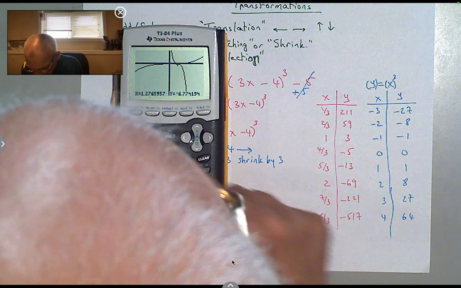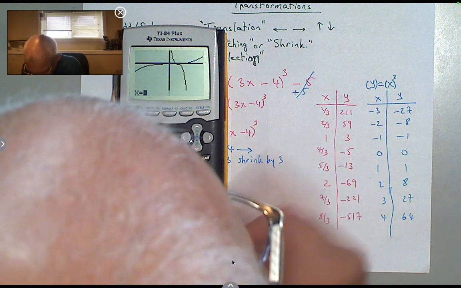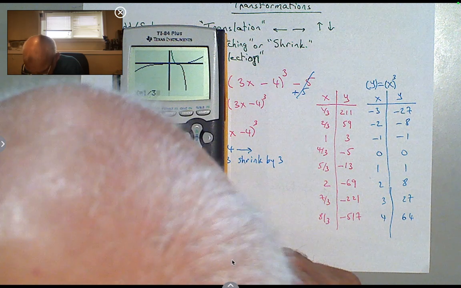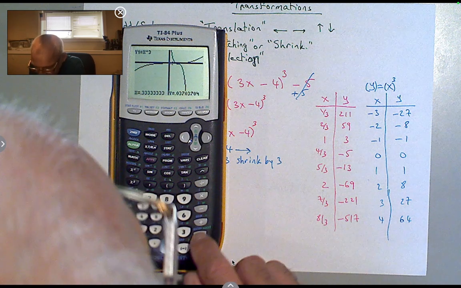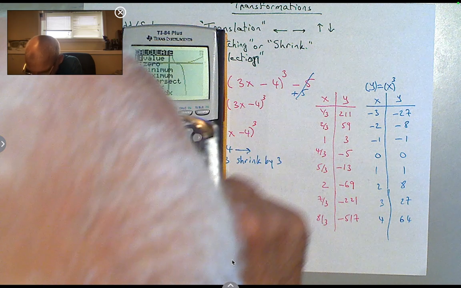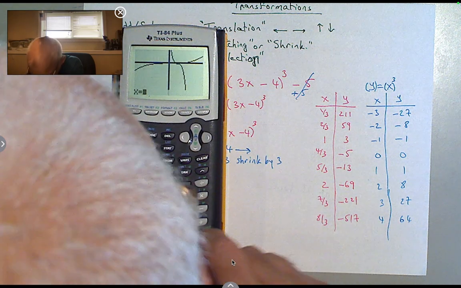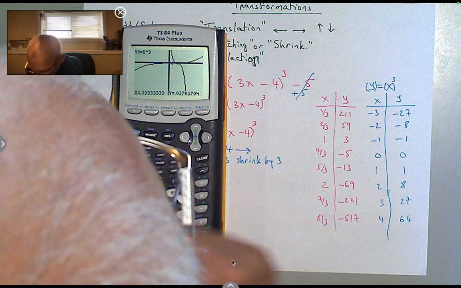Let's see, second calc value, let's say 1/3. It tells you x cubed. If you say enter, no, not enter. I usually don't use that. I'm sorry, I should have checked it first.